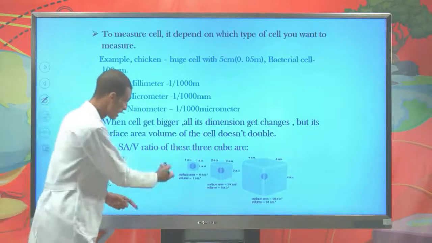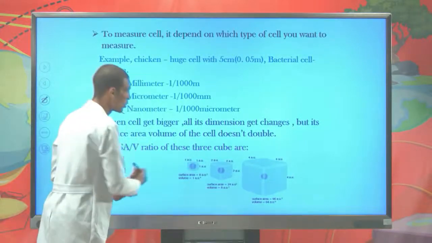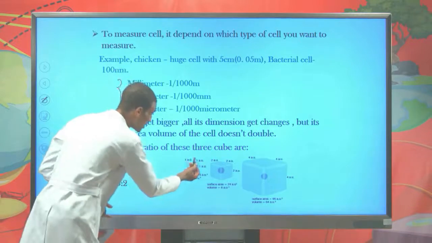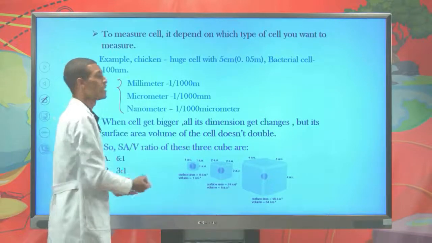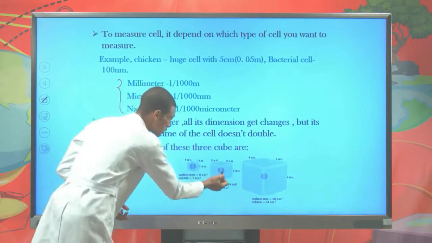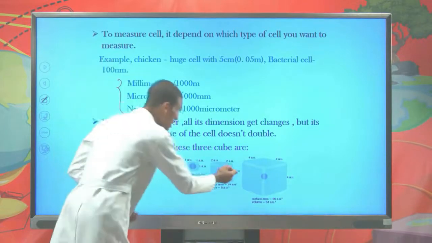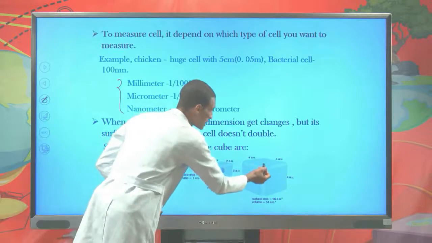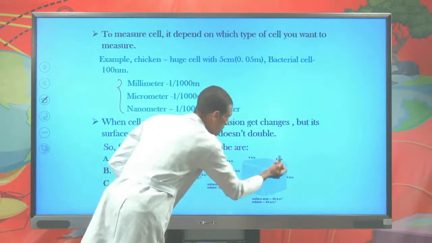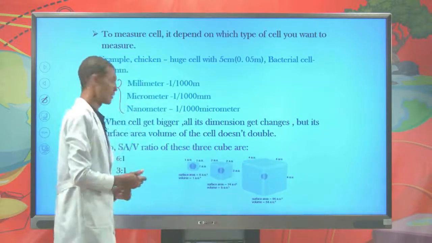For example, let's see this cell. This cell is the smallest cell, and its dimension is one arbitrary unit. When this cell increases to this one, its dimension increases to two arbitrary units. When it increases to this one, its dimension increases to four arbitrary units.